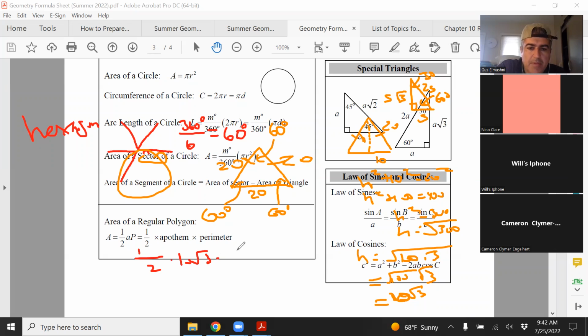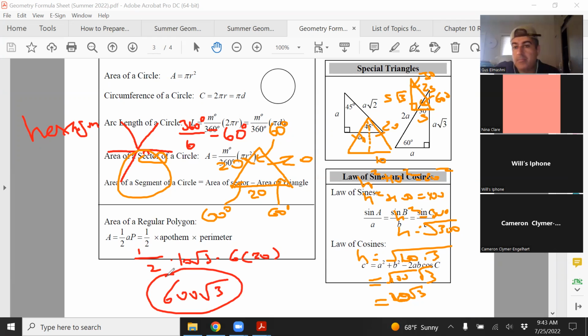The perimeter, obviously, you have 6 sides, and each side is 20. And you multiply it out. You should get 300 root 3 if you do it. No, 600 root 3, my bad. 600 root 3. And there we go. That's all.